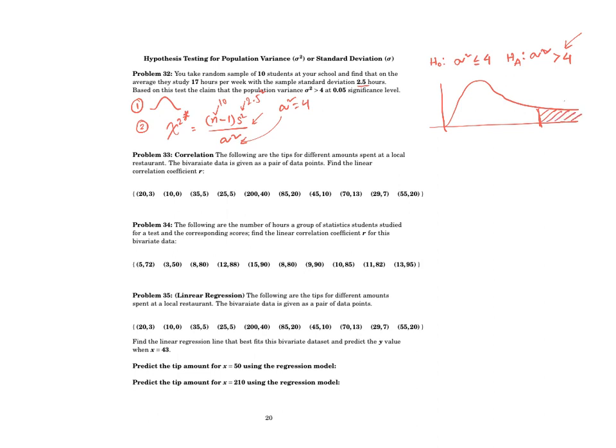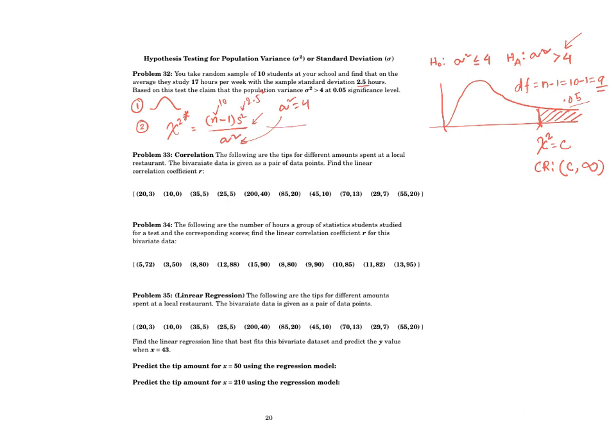Remember this area must be 0.05, and this chi-square value you are going to get from the table, where the area to the right is 0.05, and your degrees of freedom is n minus 1, which is 10 minus 1, that is 9. Your degrees of freedom is 9, and your area to the right is 0.05. That's going to give you a chi-square value. Let's say I call it C. Then your critical region is going to be from C all the way up to positive infinity.